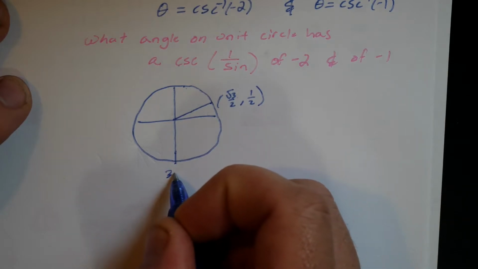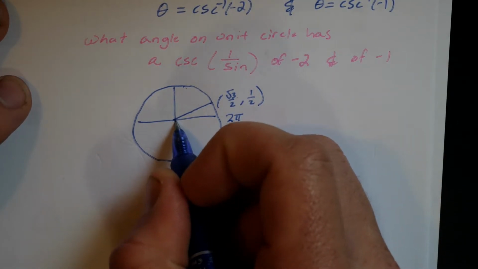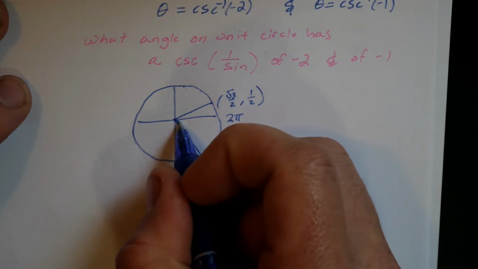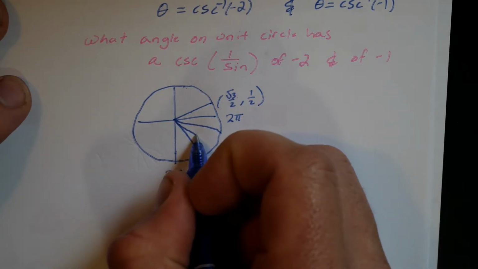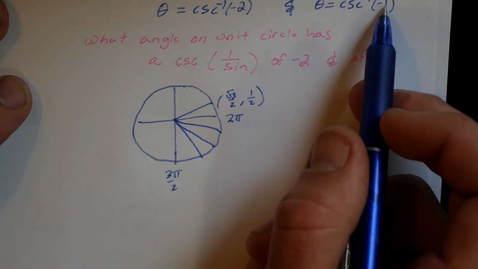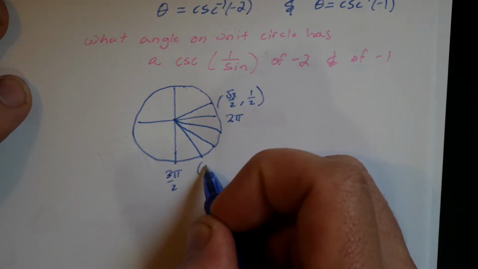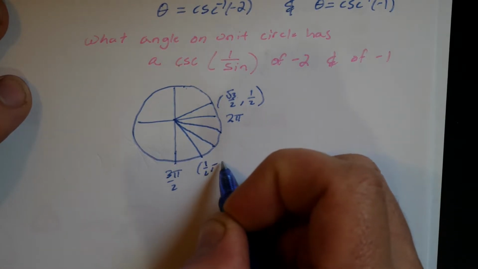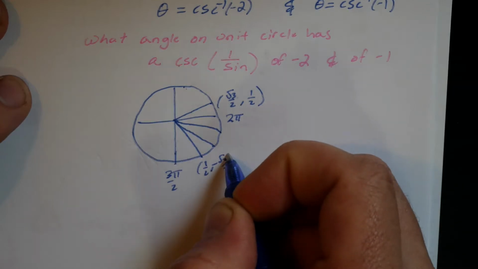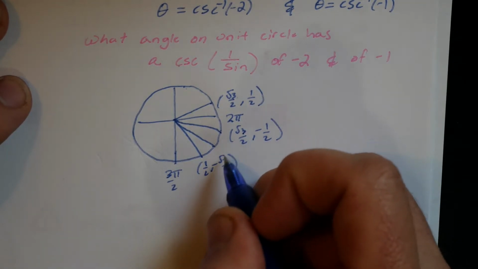This is 3 pi halves and this is 2 pi. So we're going to be either this angle or that angle. We're not going to be this 45-degree angle because it's asking us for -2 and -1. So this is a positive 1/2 and negative √3 over 2, and this guy is positive √3 over 2 and negative 1/2. So which one of these?